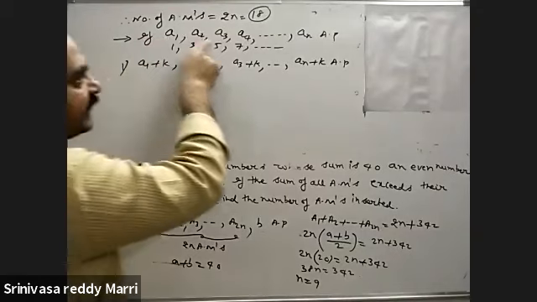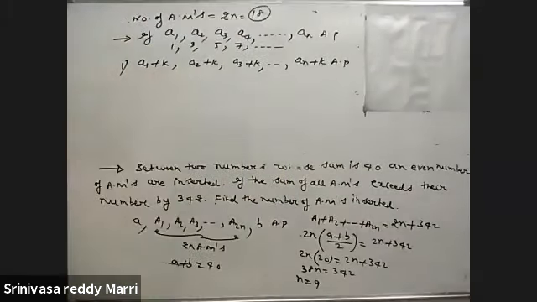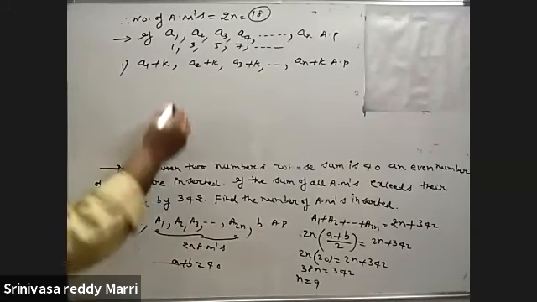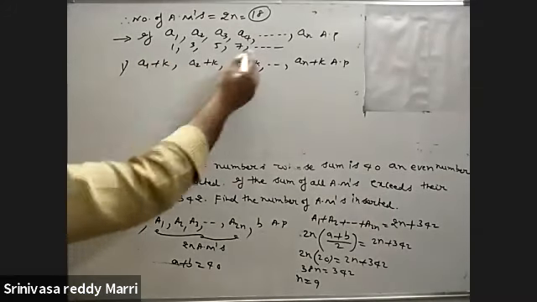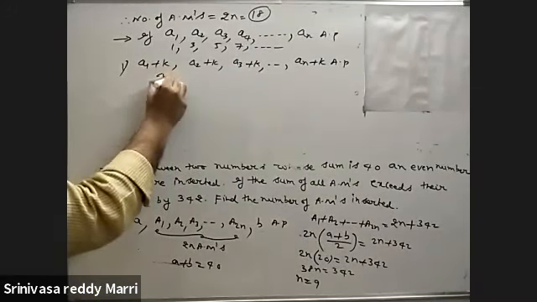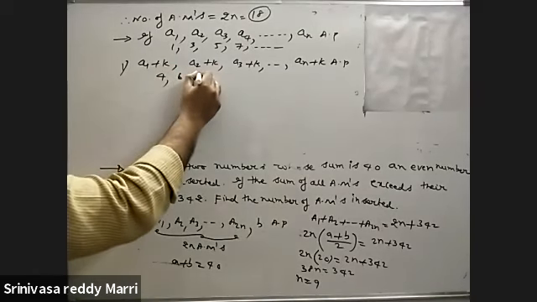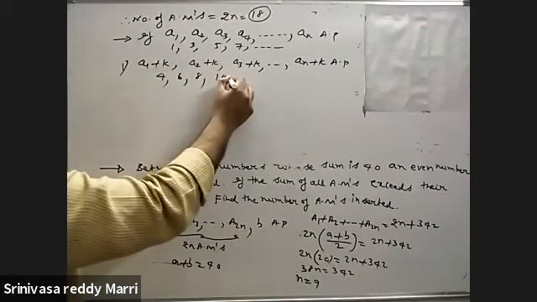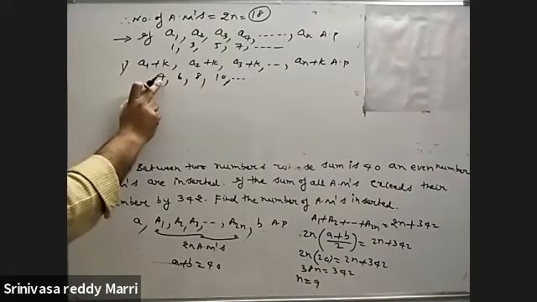If we add a constant to all the numbers, then they will also be in AP. Look at these numbers in AP. I am adding 3 to all the numbers. 1 plus 3, 4. 3 plus 3, 6. 5 plus 3, 8. 7 plus 3, 10. Now I have added 3 to all. Then look at what happens.